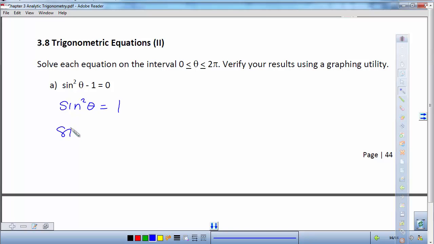So we get sine theta equals what? Not just 1, but plus or minus 1. And so we ask ourselves, where does that happen? Very good. Theta equals pi over 2, 3 pi over 2. All right, and there we are.